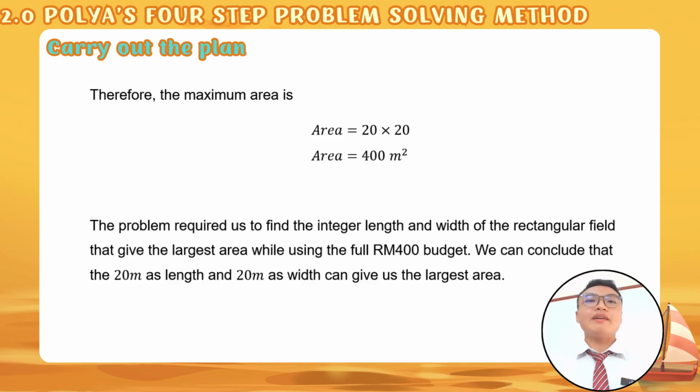The problem required us to find the integer length and width of the rectangular field that give the largest area while using the full 400 ringgit budget. We can conclude that 20 meters as length and 20 meters as width give us the largest area. So we get the answer.